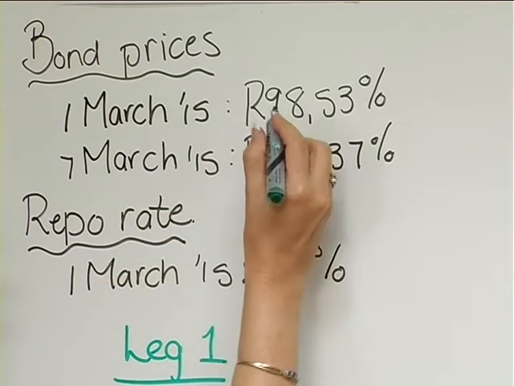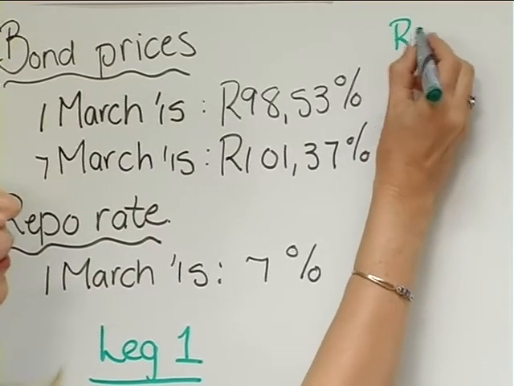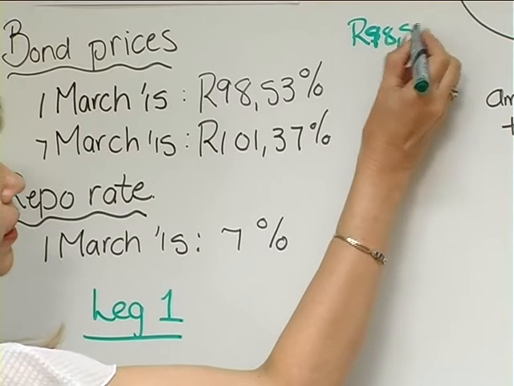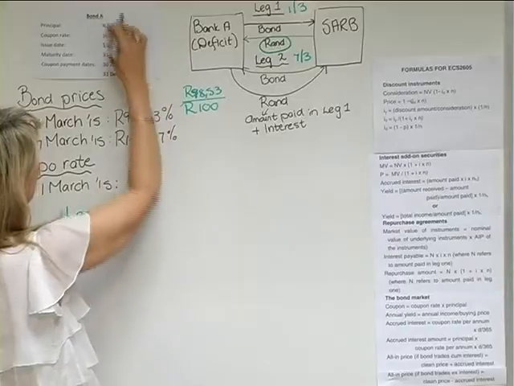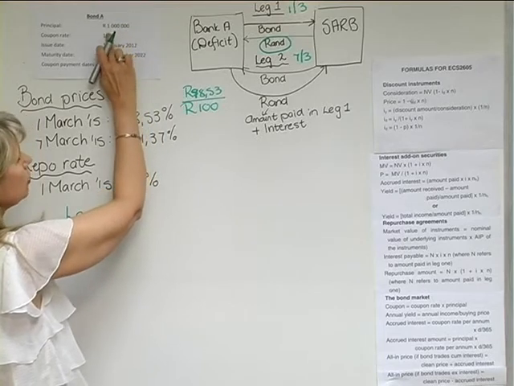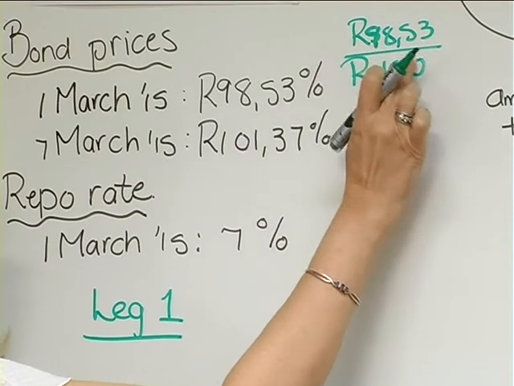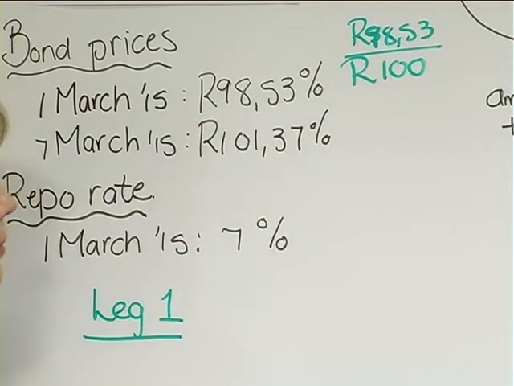It means for every 100 Rand of the nominal value of this bond, you are going to pay 98.53 Rand. That's what Rand per cent means.